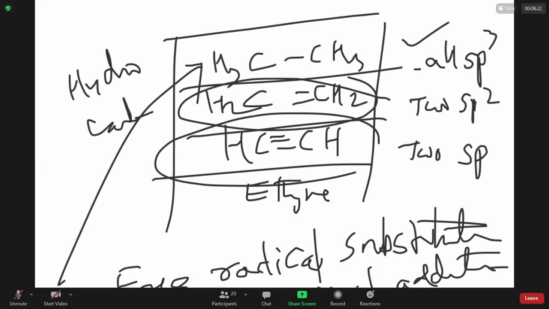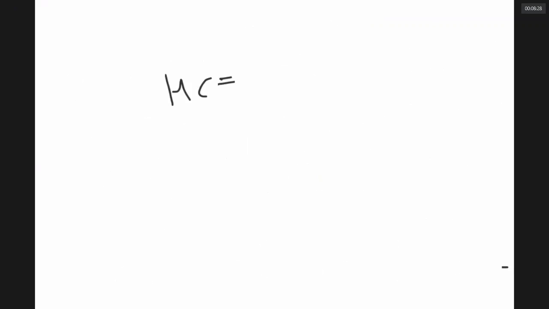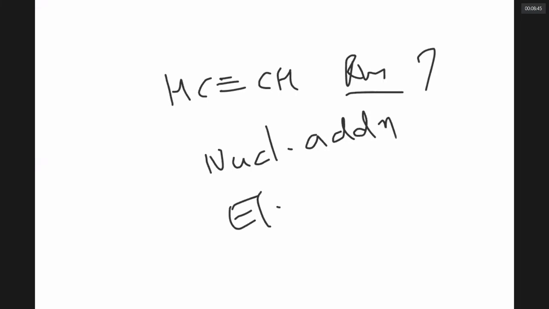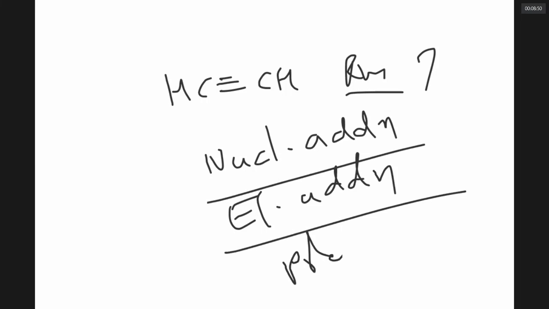What are the reactions of alkynes? Nobody is talking. They can undergo nucleophilic addition reaction. They can also undergo electrophilic addition reaction. Both they can give. Additionally, they can give polymerization reactions like alkenes.